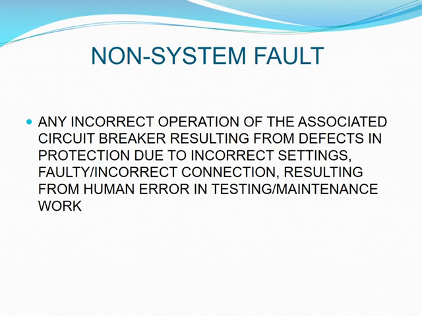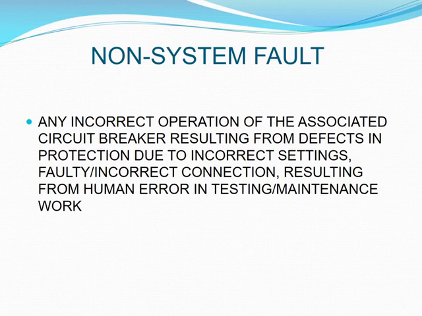Then when we talk about a non-system fault, we're saying that it is something that is not happening on your primary equipment. The only thing happening on your primary equipment is that there is tripping of the circuit breakers, so your primary equipment gets out of the circuit. Basically, your circuit breakers are being operated where there is no fault on the system. Therefore, they should not be operated, because it's an incorrect operation.